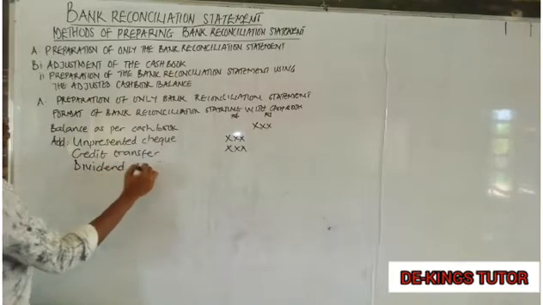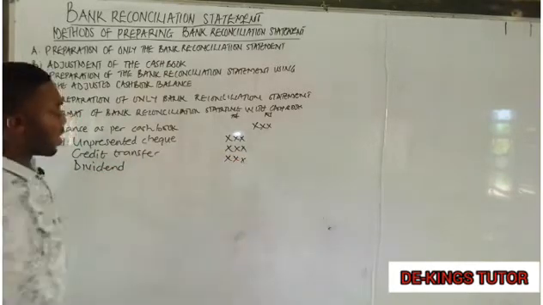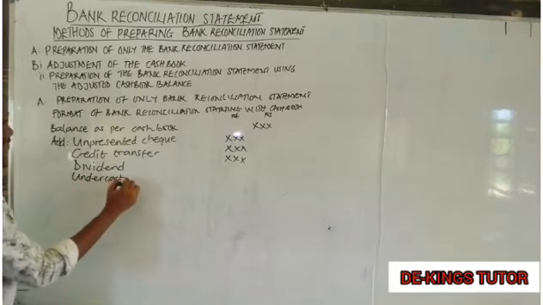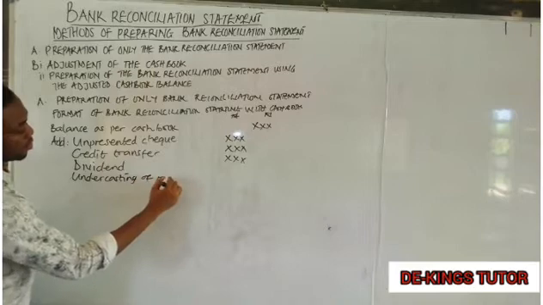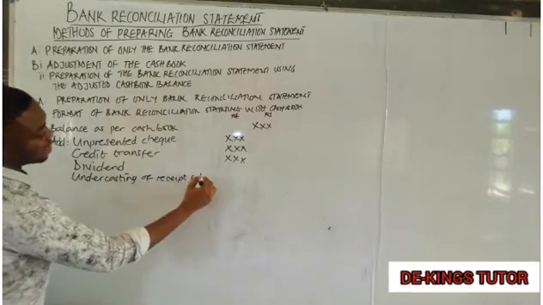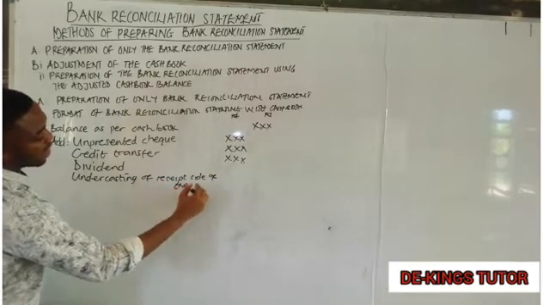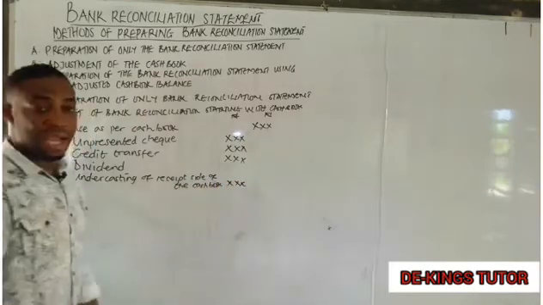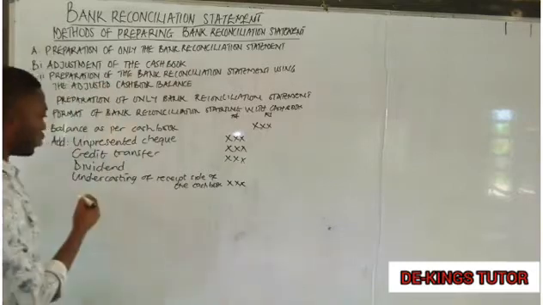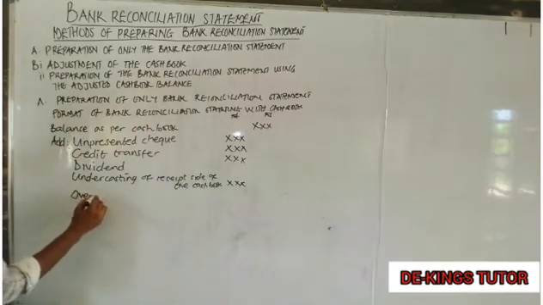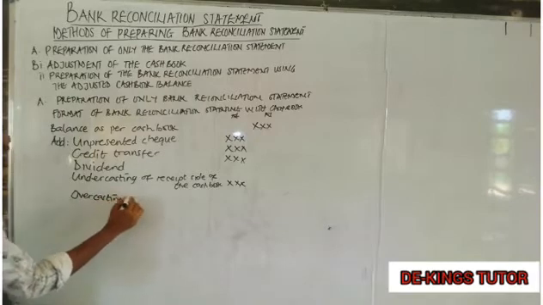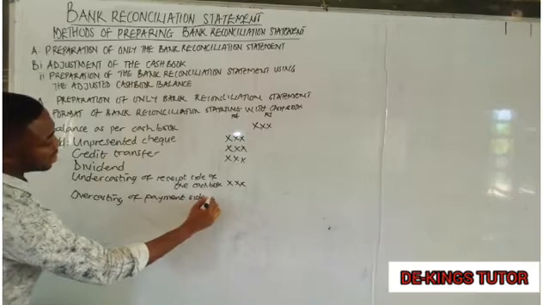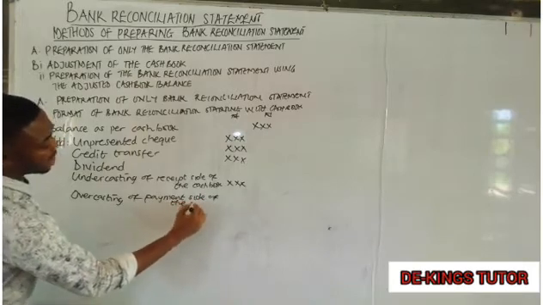The next is add undercasting of the receipt side of the cash book, that is when the receipts, the debit side of the cash book, are undercasted; we'll explain that also. And the next one is overcasting of the payment side of the cash book. So these are the things we add to our cash book.